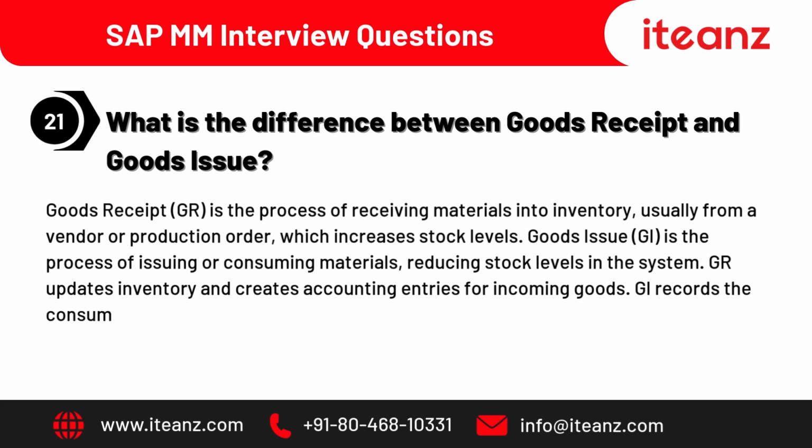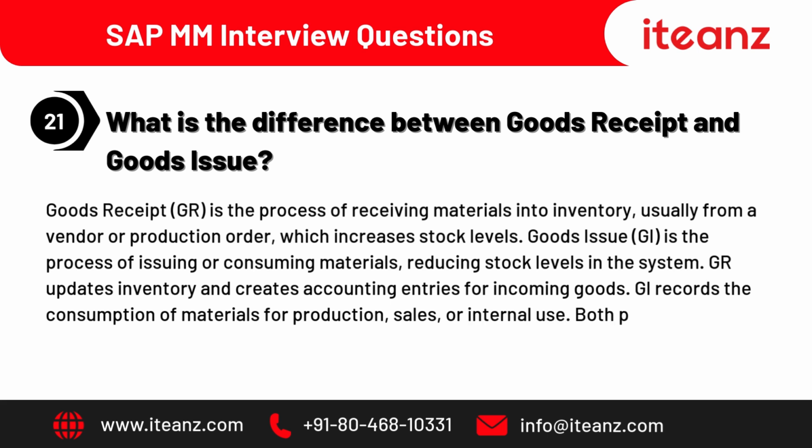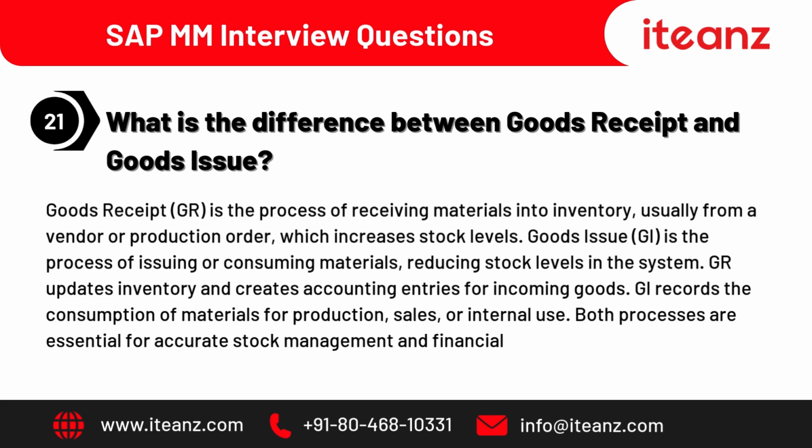GR updates inventory and creates accounting entries for incoming goods. GI records the consumption of materials for production, sales, or internal use. Both processes are essential for accurate stock management and financial integration in SAP MM.